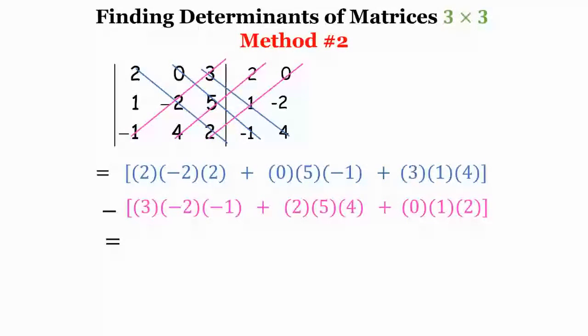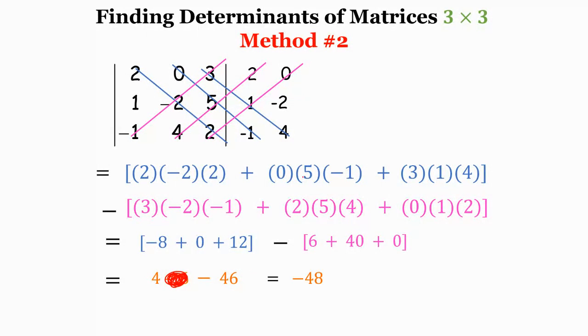When I get that, I've got negative 8 plus 0 plus 12 minus 6 plus 40 plus 0, which is, no, it's not. Sorry. This shouldn't be there. 4 minus 46, which is negative 42.